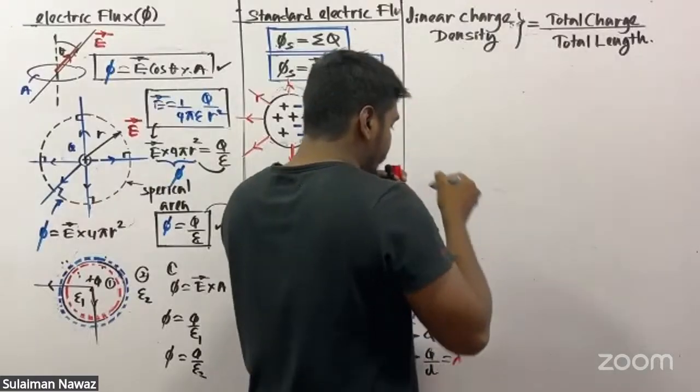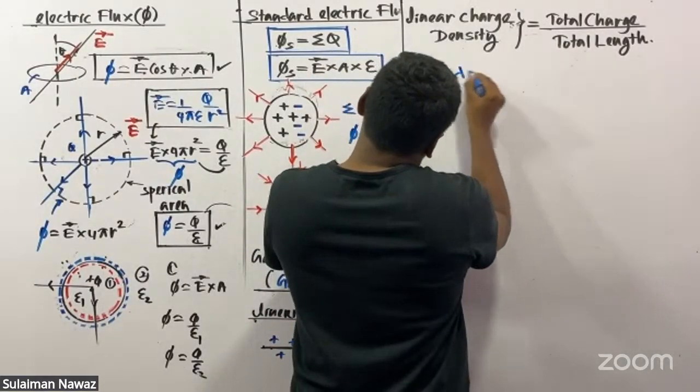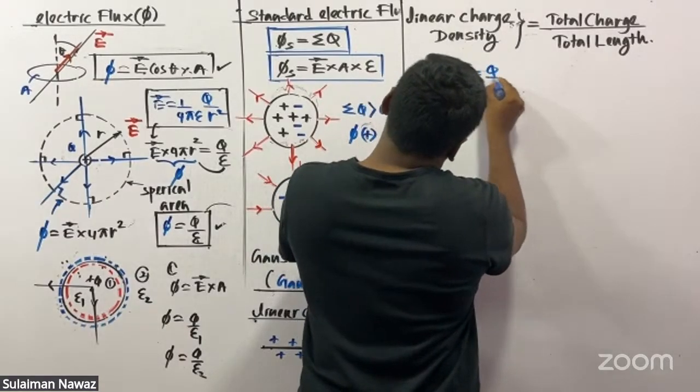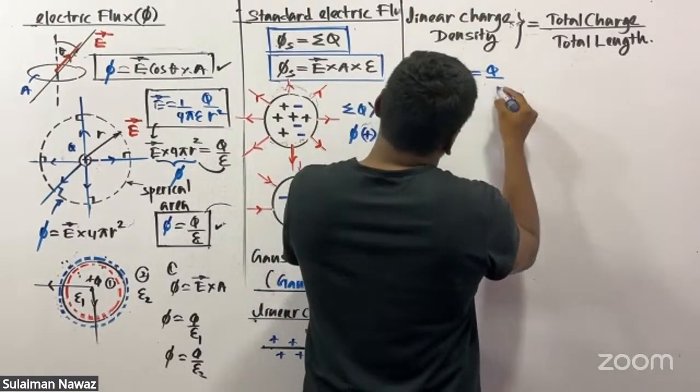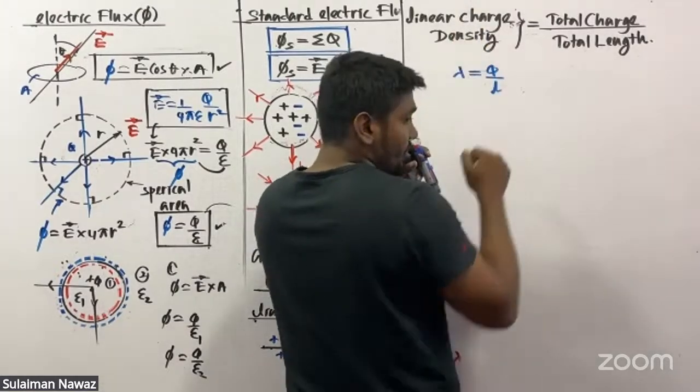If you go with the symbolic method, the symbol lambda is equal to Q over simple L. Lambda equals Q over L. And highlight both these equations.